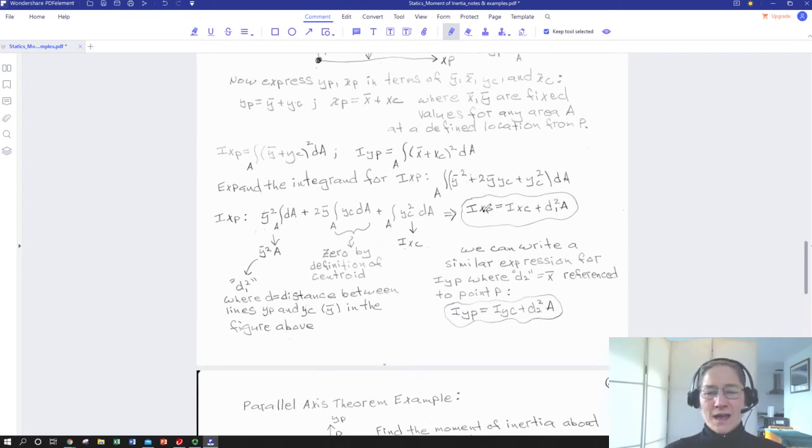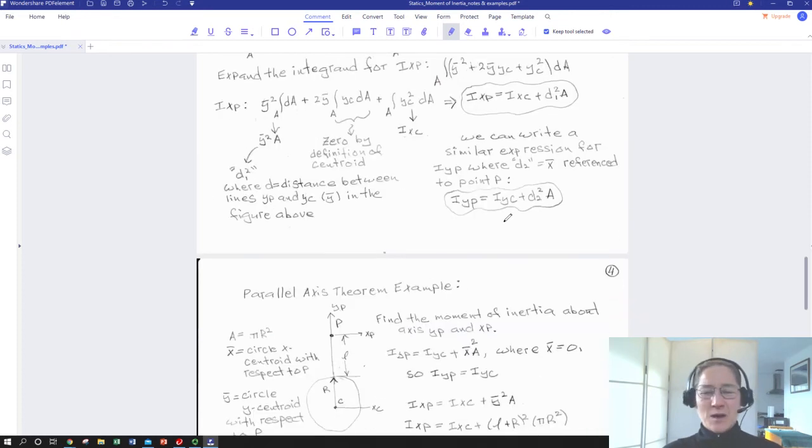So Ix through any point or Iy through any point is always going to be more than that same moment of inertia if we put it through the centroid. So that's another kind of by observation trend that you can see that comes out of the parallel axis theorem. So if you're looking for a place to rotate and you for whatever reason need to minimize moment of inertia, try to rotate about the centroid.